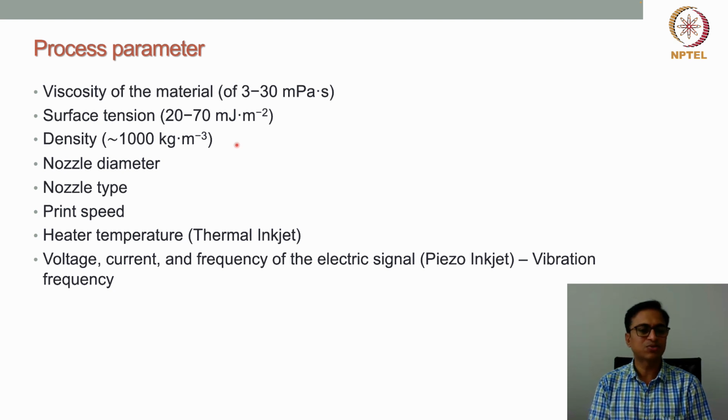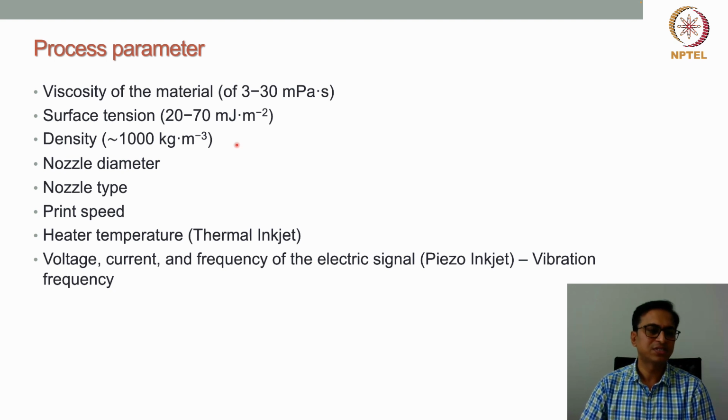So to prevent the nozzle clogging, the nozzle diameter is generally kept around 50 micron. It is not kept below that. But nozzle diameter is an important process parameter, and we can change the nozzle diameter and produce different size droplets.